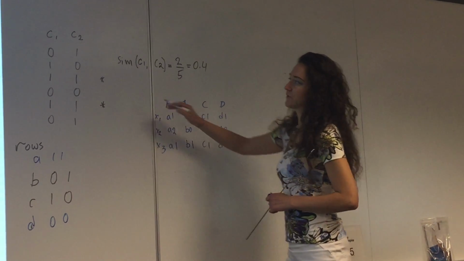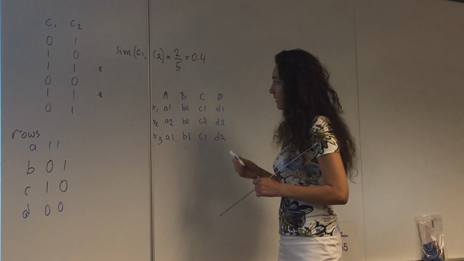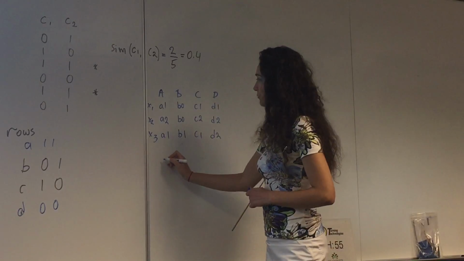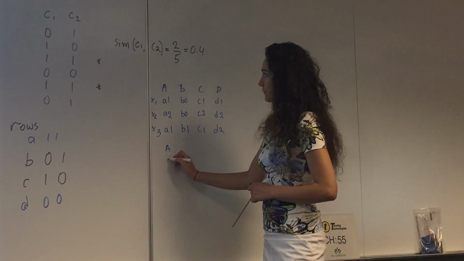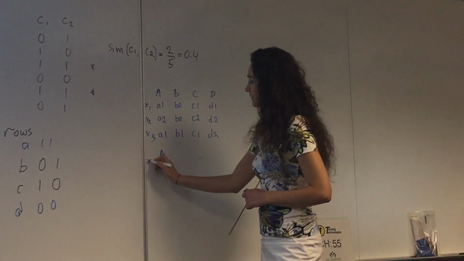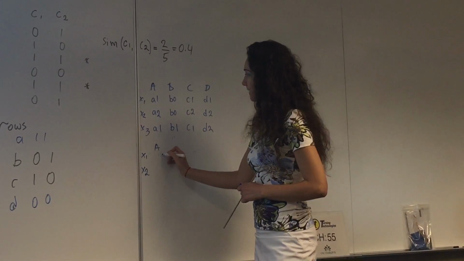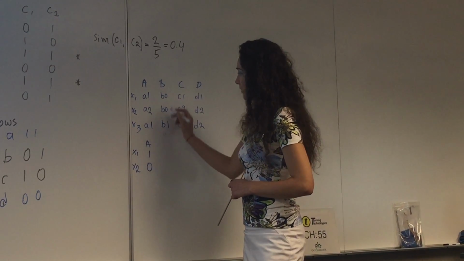Then these vectors will be, let's say for x1 and x2, they differ on A. So they have 1, 0.